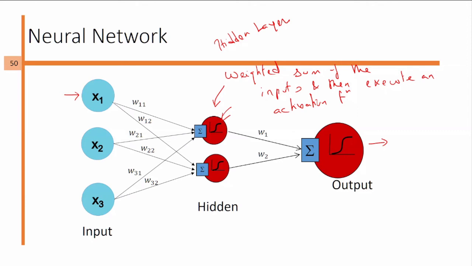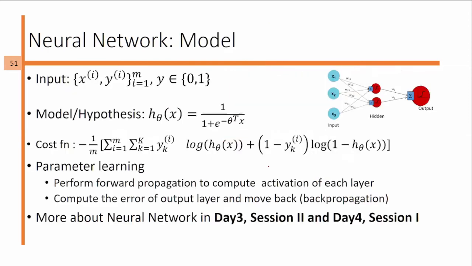Neural networks we'll learn in detail on day 3, session 2, and day 4, session 1. This is the model for a neural network. We again have the input. In the simplest case, we can use the hypothesis of logistic regression, and this is the cost function here.